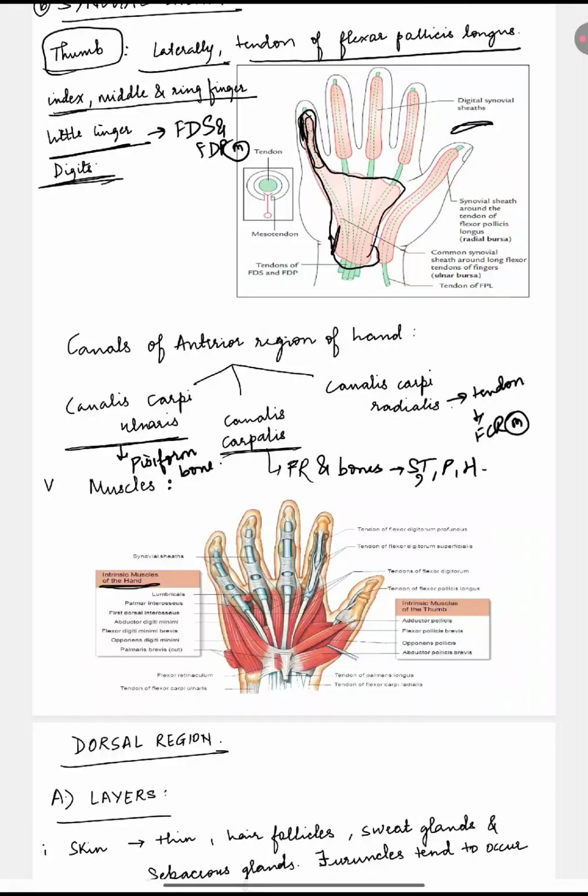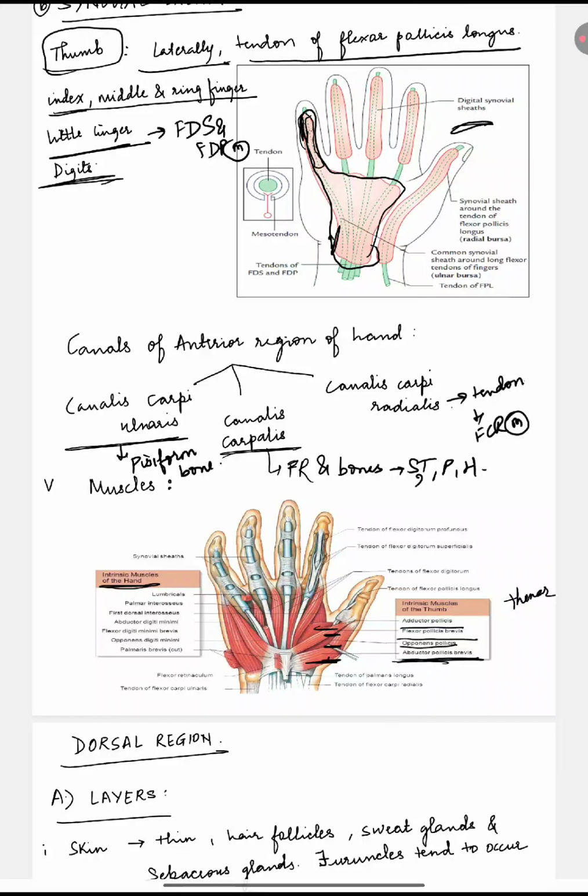First are the thenar muscles, the lateral muscles, which contain abductor pollicis brevis, opponens pollicis, flexor pollicis brevis and adductor pollicis. These are thenar.